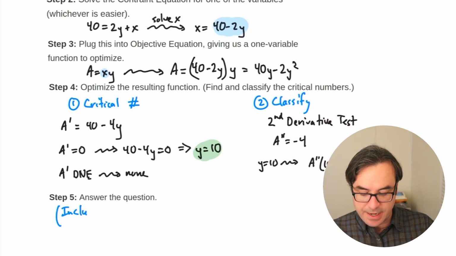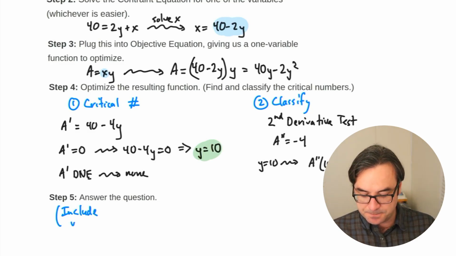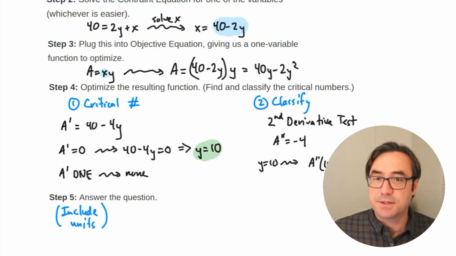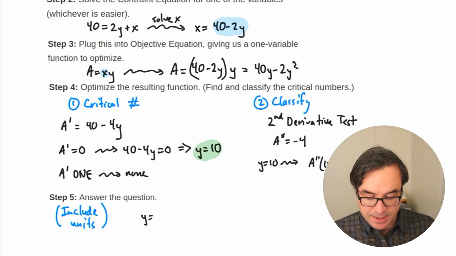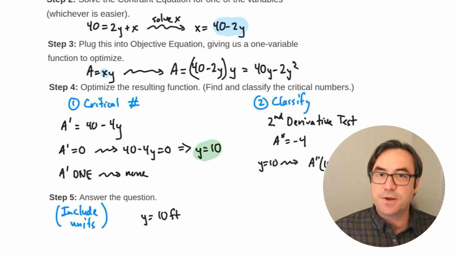So when we actually answer the question for these applied optimization problems, double check: if there are units given in the problem, your answer should include units. Our units here are feet. We already found that y is equal to 10 feet, and we want to figure out x.